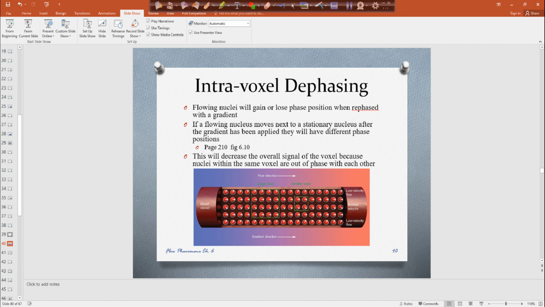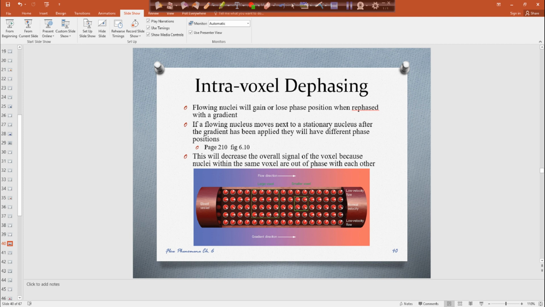And then our third flow phenomenon is what we call intravoxel dephasing. So we know that flowing nuclei will gain or lose phase position when rephasing with a gradient. Our gradients are along the entire core of the magnet, the entire length of the scanner.